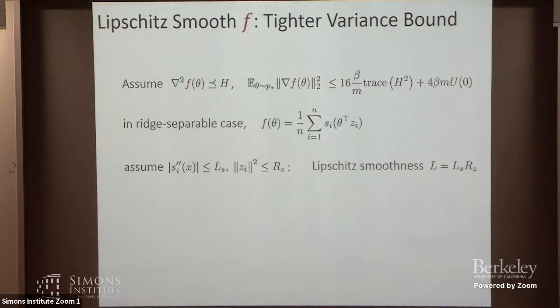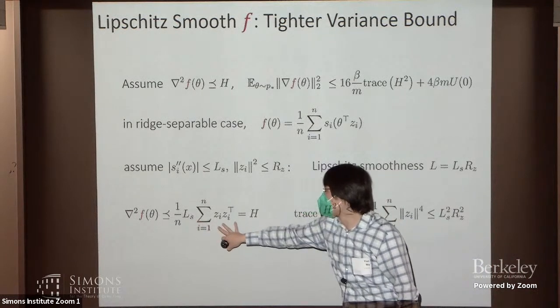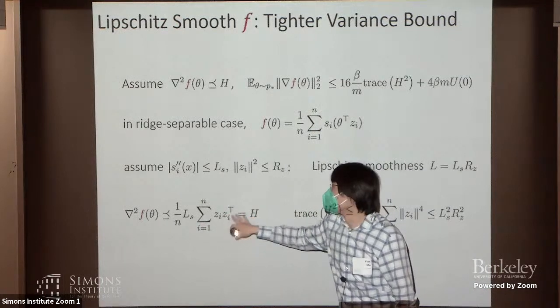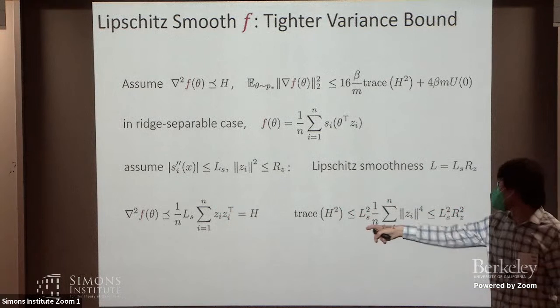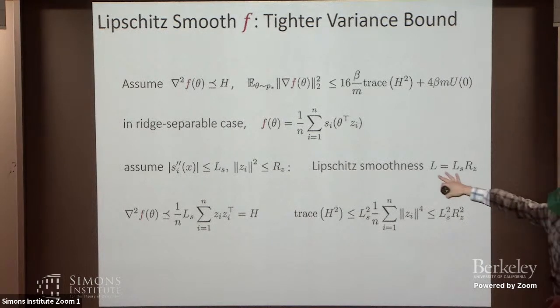In this case, the upper bound on the Hessian can be represented as 1 over n times Ls sum over ZZ transpose, and the trace of the Hessian squared is upper bounded by Ls squared times Rz squared.